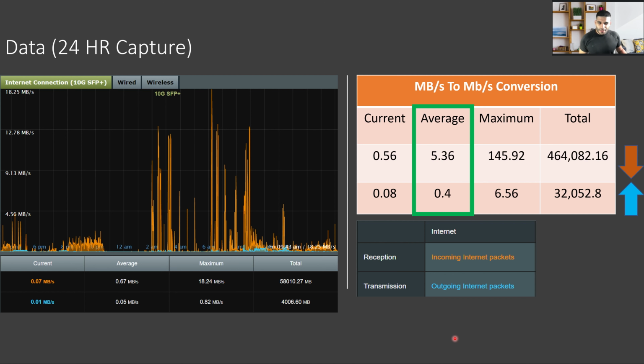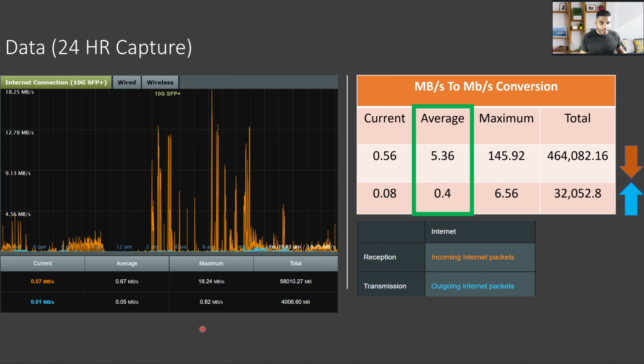But the biggest thing that I want you to focus on here is the average and the maximum, which are the important key data points. The maximum is the maximum amount of data that we use in a 24-hour period. As you can see from the capture, our data on the download is 18.24 megabytes per second, and 0.82 megabytes per second on the upload.